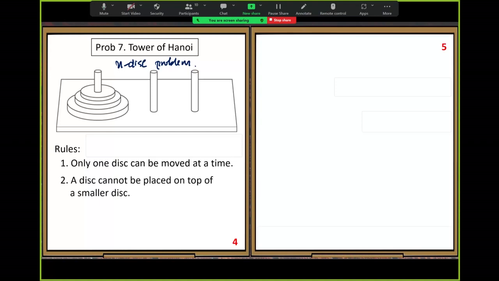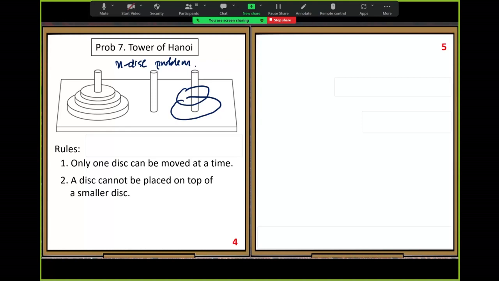Number 2, a disk cannot be placed on top of a smaller disk. So you have to follow the order. The larger one lower, smaller one on top of larger one. We cannot do the opposite way. You cannot place a larger disk on top of a smaller disk. So that's the second rule.